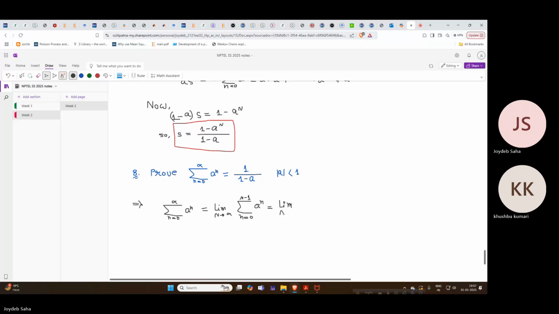Limit n tends to infinity of 1 minus a to the power n upon 1 minus a. If the modulus of a is less than 1, that means a to the power n will be 0. So we will simply get 1 upon 1 minus a.